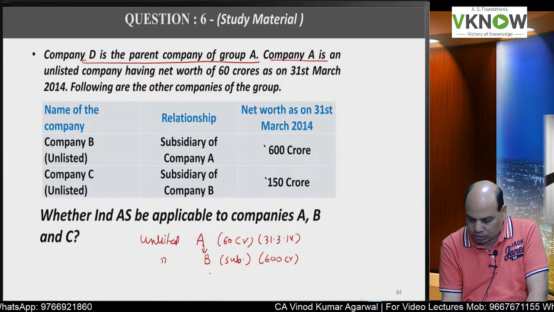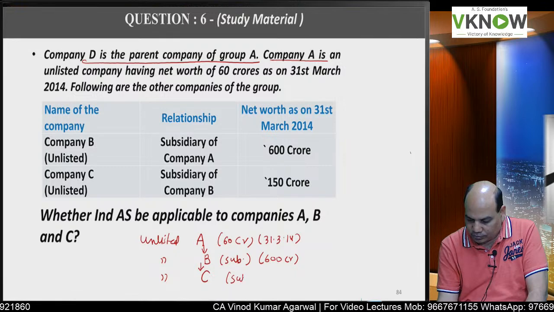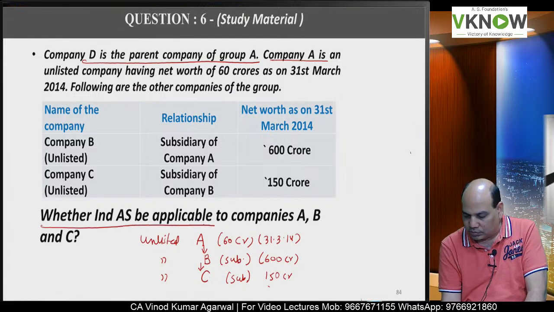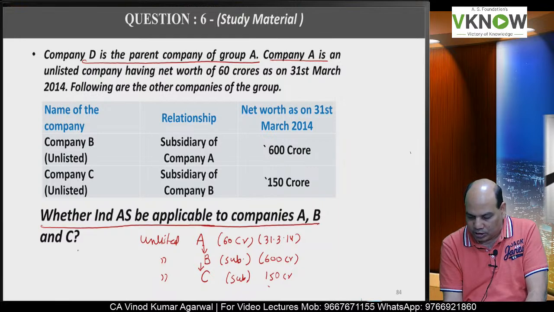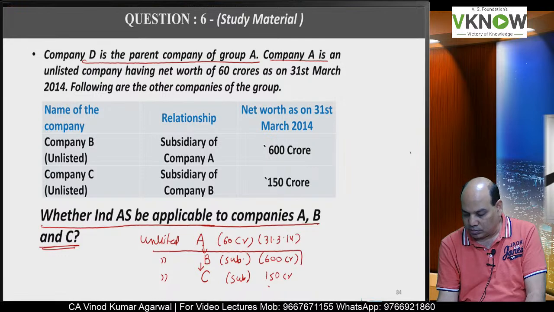Then another company C, an unlisted company, is a subsidiary of B. Net worth is 150 crore. Whether Ind AS will be applicable to companies A, B and C. So look at the question.